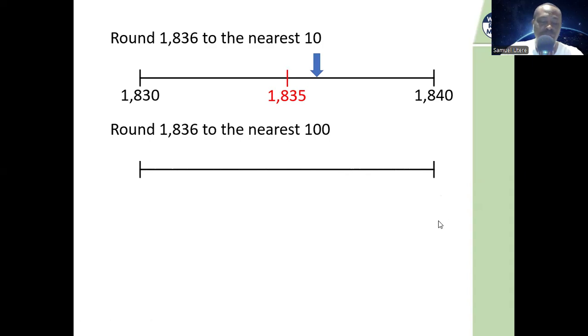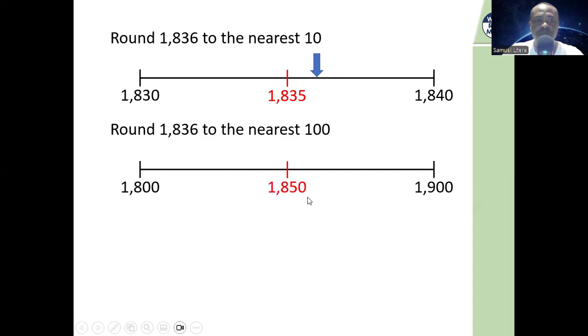What about to the nearest 100? Again, we use the same approach. We'll say, well, what is the nearest 100 that is less than 1836? Of course, it's 1800. And what is the nearest 100 that is greater than 1836? Of course, you would say it's 1900. Now, what is halfway between 1800 and 1900?